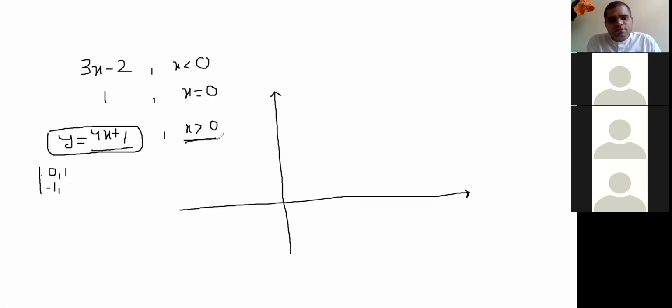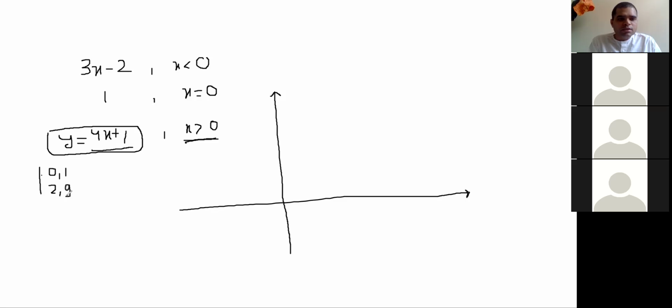So we will not take minus 1. We will take some positive value. Let's say that positive value is 2. Then y is 9. So you got another point as 2, 9.